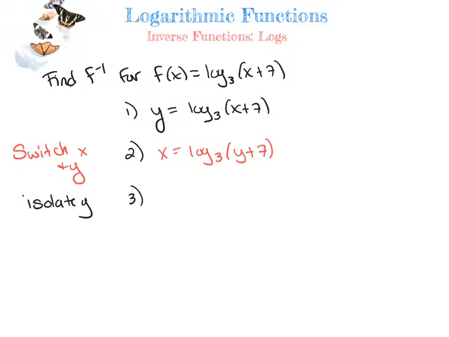In this case, isolating the new y would be basically converting into exponent form. So remember, when we convert a log into exponent form, I generally like to start at the base, 3. The x is the exponent, so whatever the log is equal to, that's the exponent. So 3 to the x equals y plus 7.